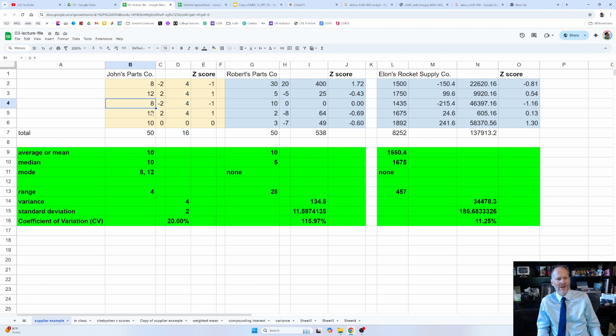We go to either 8 or we go to 12. And so that's variance and standard deviation in a straight stone cold statistics way, just as a basic fundamental application of mean, variance, and standard deviation.